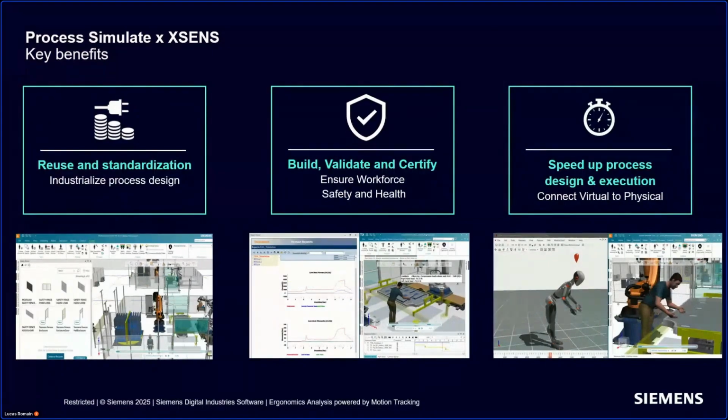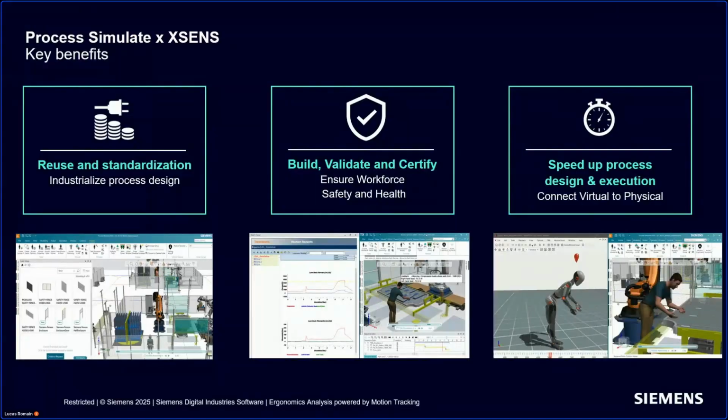The second aspect is to work with standards in order to make sure, based on ergonomics data, that the operation that you are going to propose and implement on the shop floor are not too harmful for the people and the workforce overall. And then connecting the data, you know, it's part of the DNA.